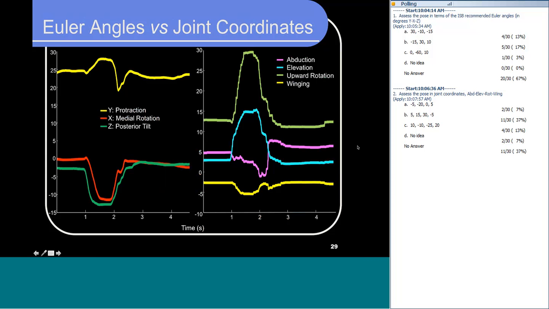So now looking at Euler angles from the same activity on the left side of your screen, computed as recommended by the ISB for the entire trial, we can see that the subject mainly used scapulothoracic lateral rotation and anterior tilt to execute this activity.